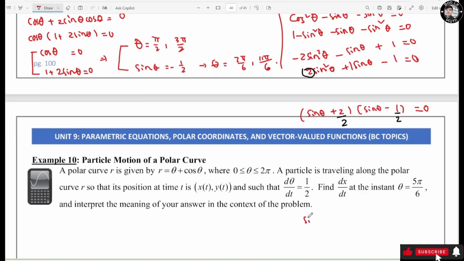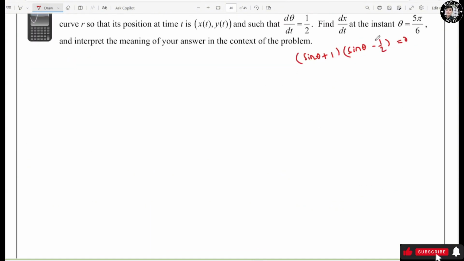So I have sine theta plus 1 times sine theta minus 1 half equals 0. So this one is the zero product property. So sine theta plus 1 equals 0, sine theta equals negative 1, and then theta equals 3 pi over 2.